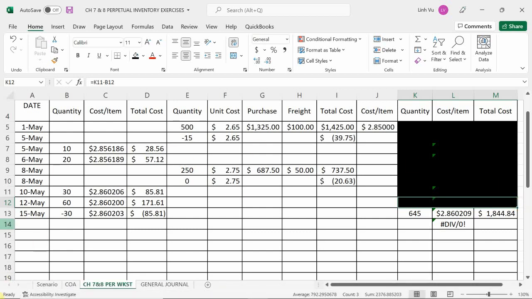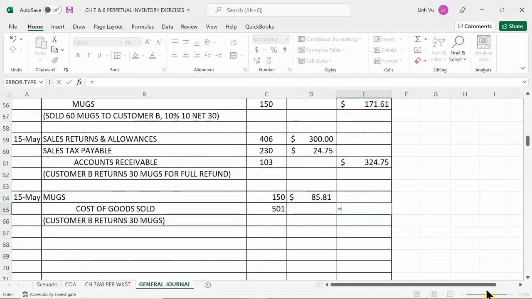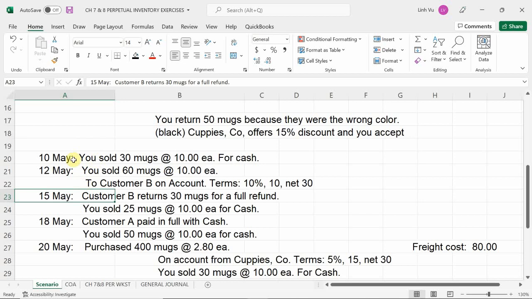So in this case, it's going to undo $85.81 back into my inventory. So that's that there. Okay.